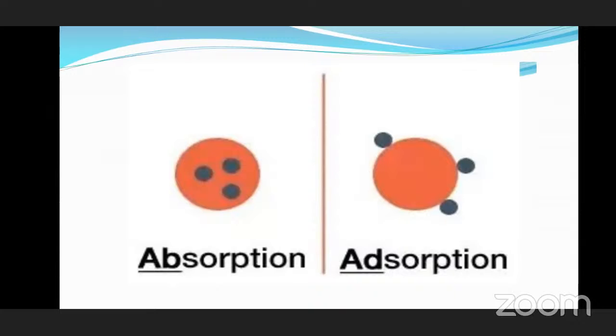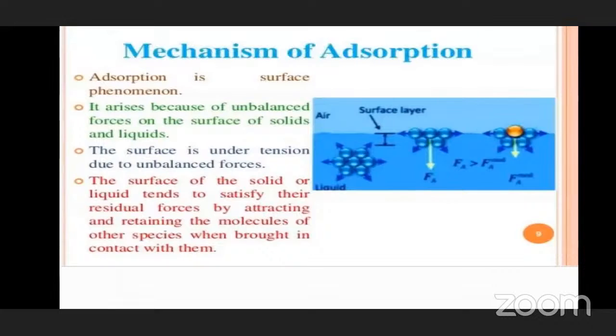Then here, the mechanism of adsorption. Very, very important one. Adsorption is a surface phenomenon. AD means the surface area of the bulk of a solid or liquid. That is called adsorption. The second point is that it arises because of unbalanced forces on the surface of the solid and liquid.